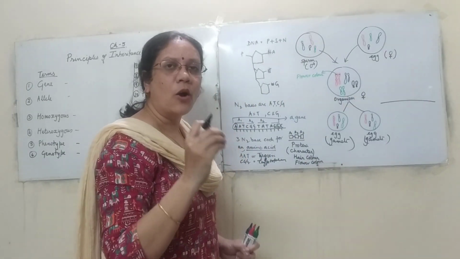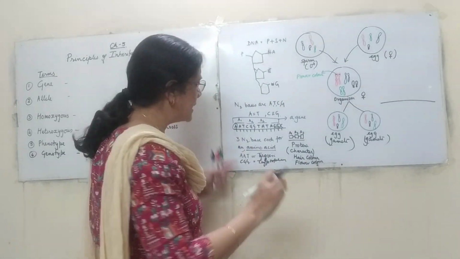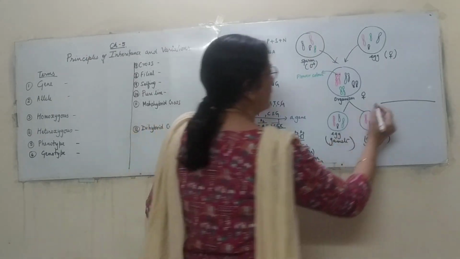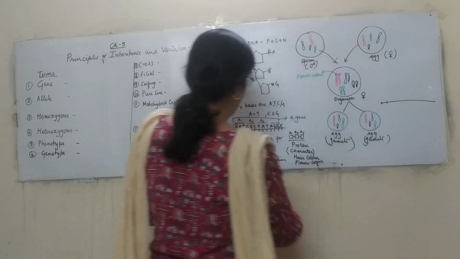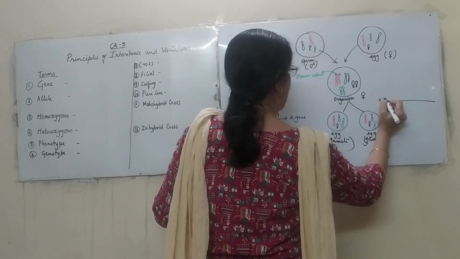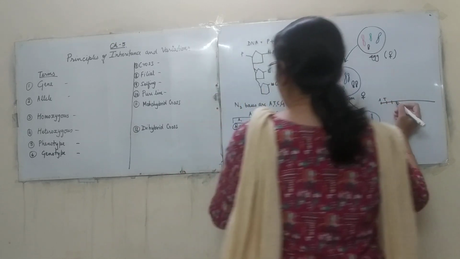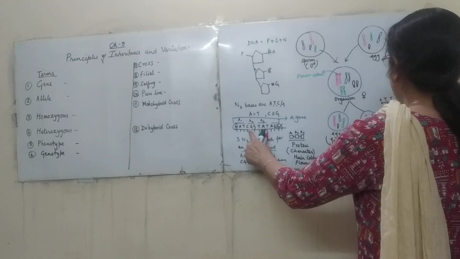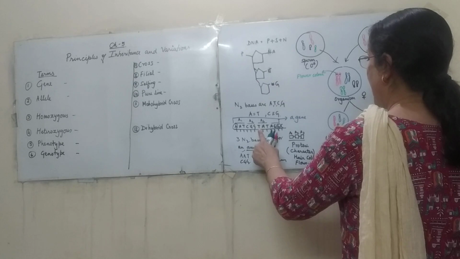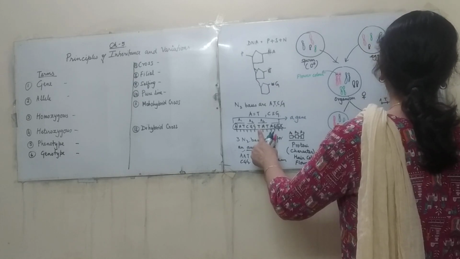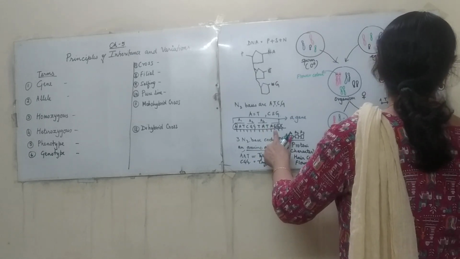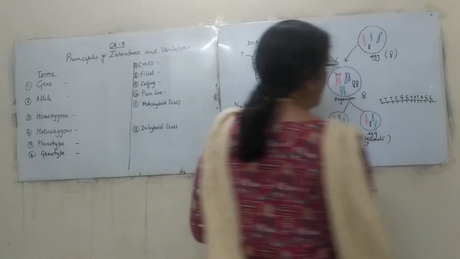The stigma, or the egg cell, has its own nucleus, and the nucleus also has another series. Maybe it is A, T, T, C, G, G, T, A, T, A, G, G. Clear?